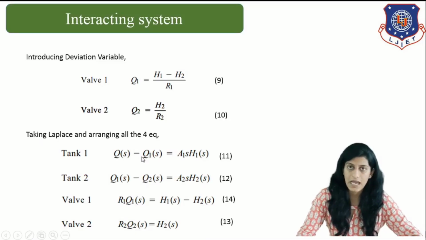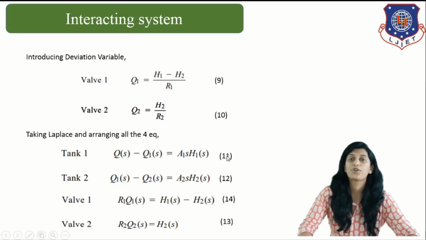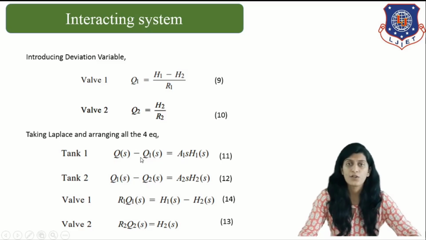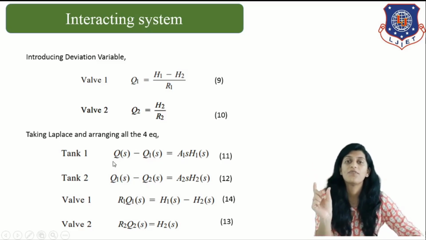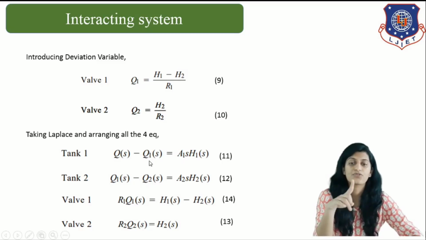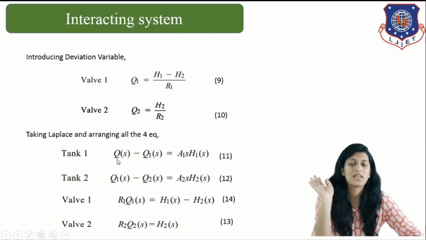Once we have the Laplace transforms, we use these 4 equations to get our desired results. For that, we take the transfer function equation of tank number 1. We use the elimination method and substitute the values of unwanted terms from the other 3 equations. For example, this is our equation, right?